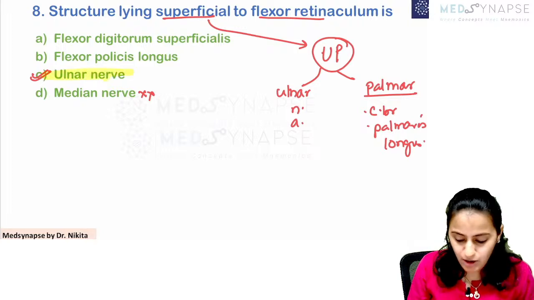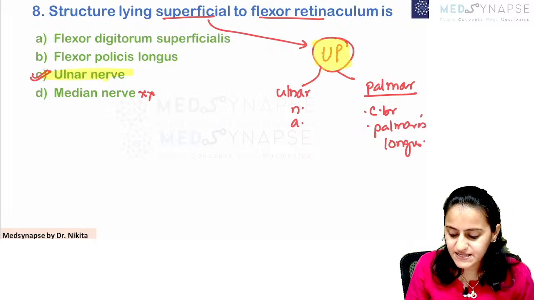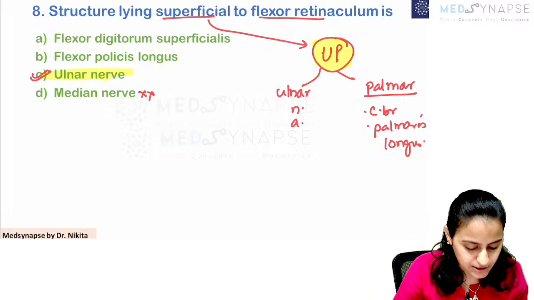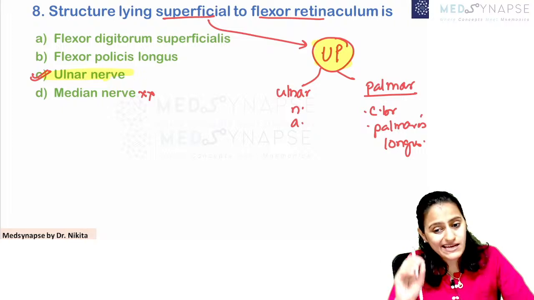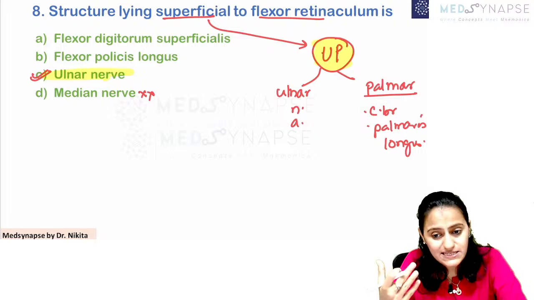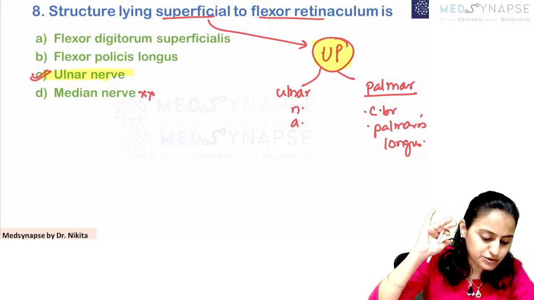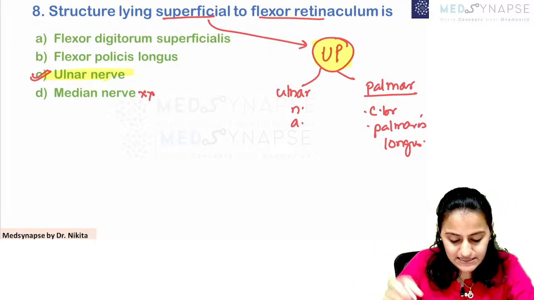These structures go up the flexor retinaculum. So median nerve is beneath, but the palmar cutaneous branch of median nerve is superficial to the flexor retinaculum. Is this clear with everyone?